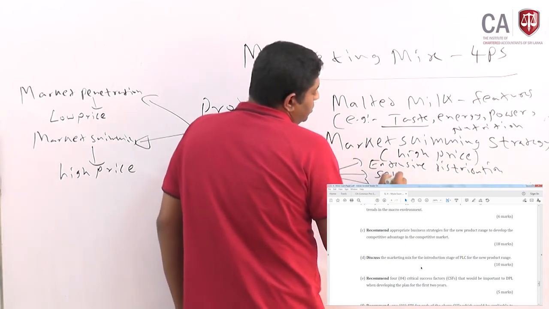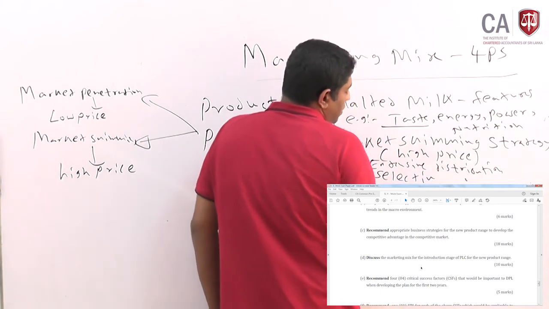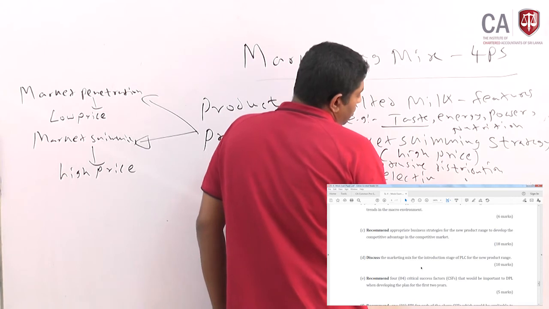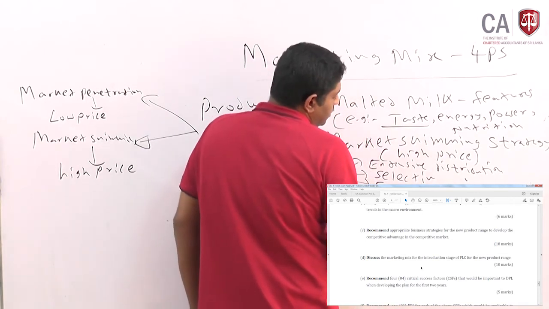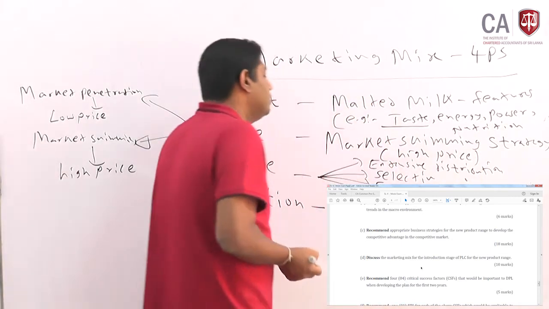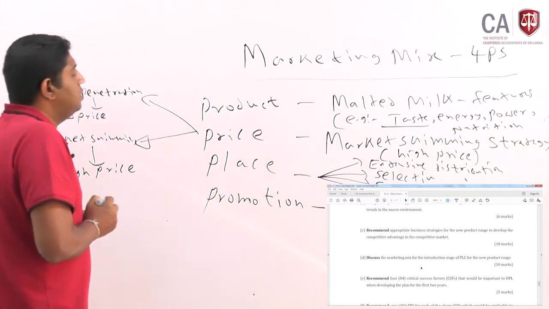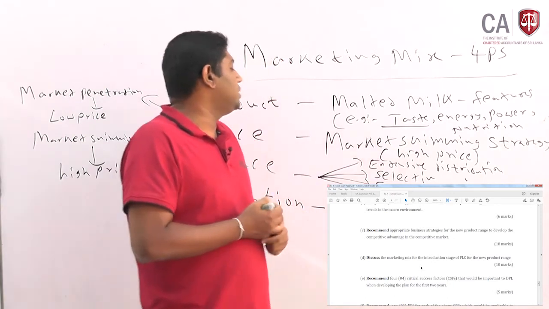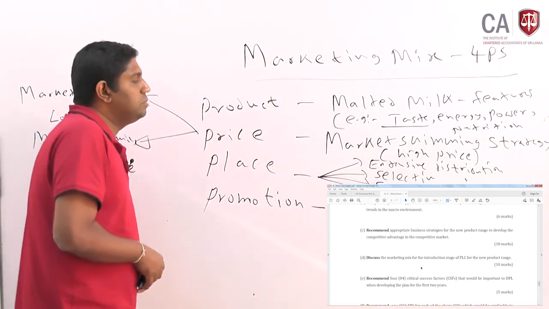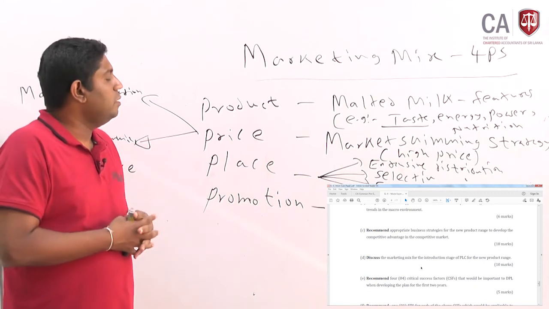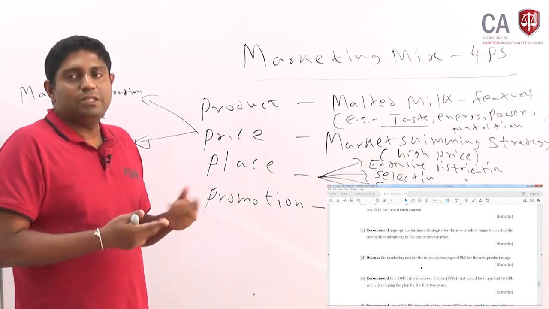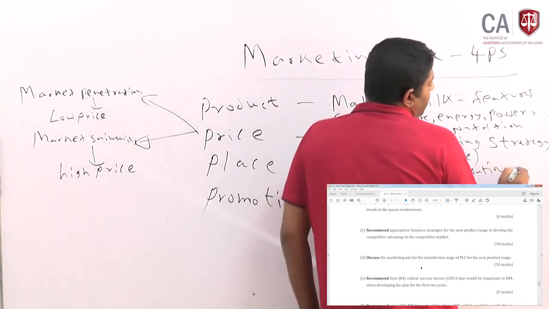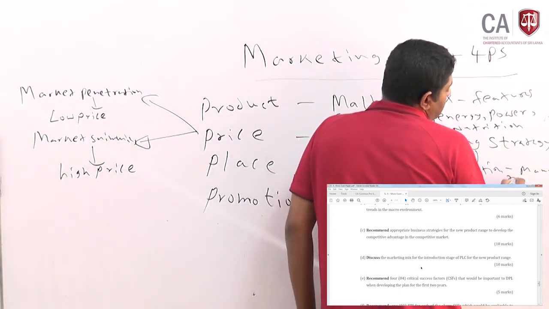There are 4 options available: extensive distribution, selective distribution, exclusive distribution, and direct distribution. Under extensive distribution, we try to sell our product by using as many retailers as possible.